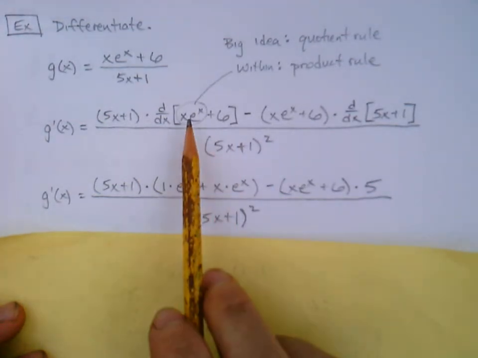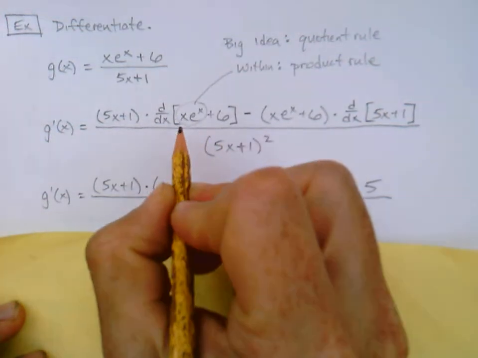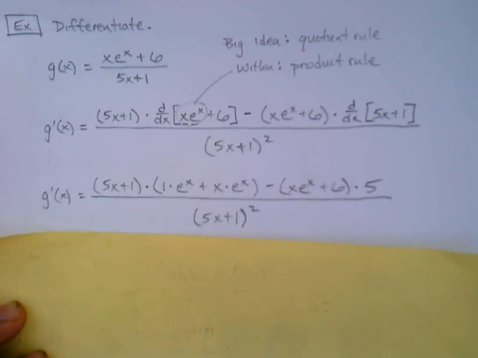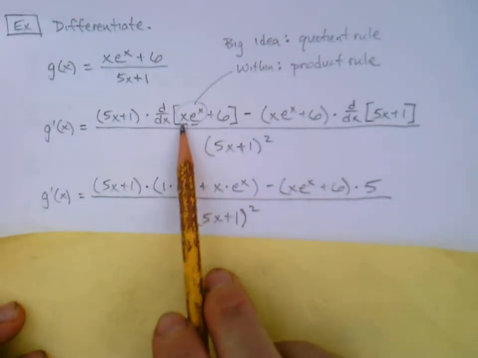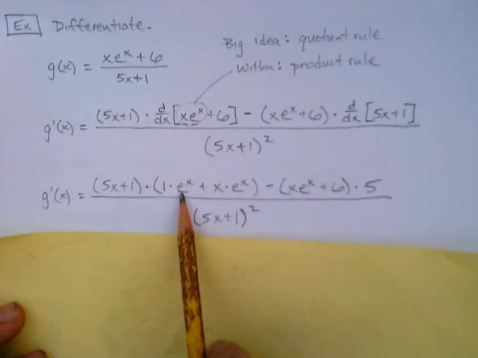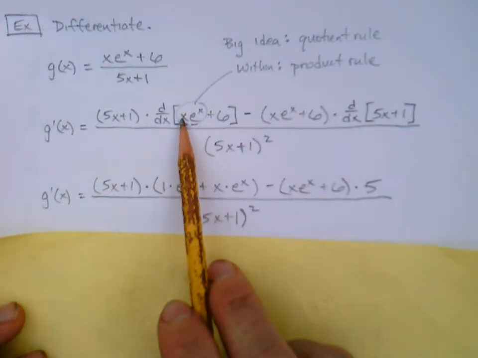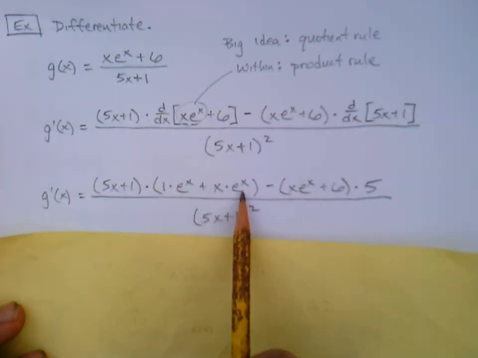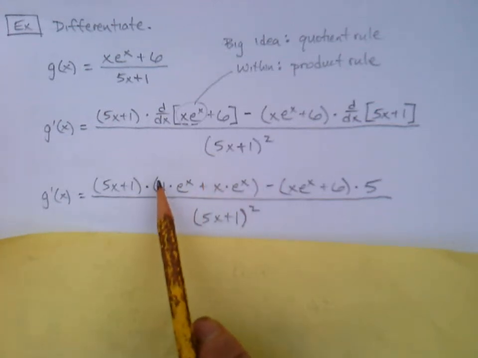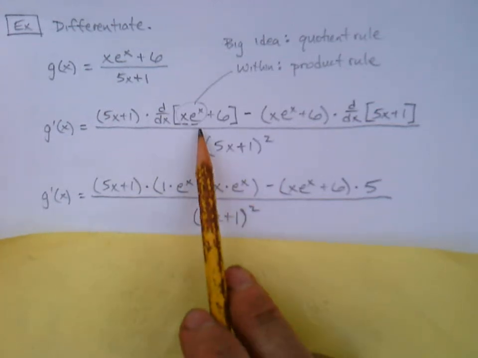No problem. Let's just focus on x times e to the x, and I'm going to underline those like I like to do, first and second. So the derivative of first, in this case, is just 1 times my second, plus the first, as it is, times the derivative of the second, which of course is e to the x. So derivative first times second plus first times derivative second. There's my product rule right there.